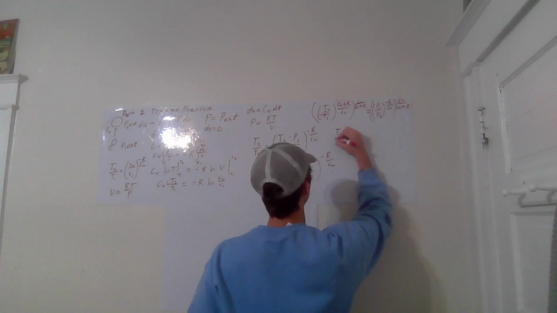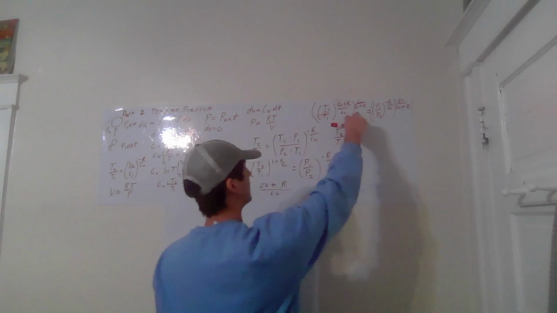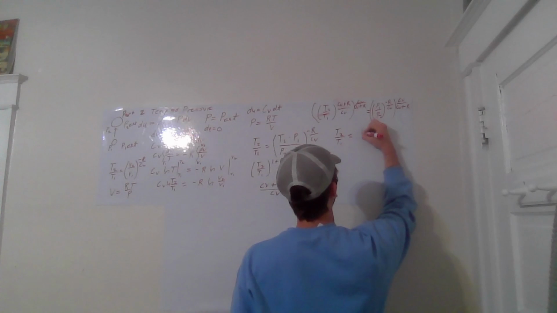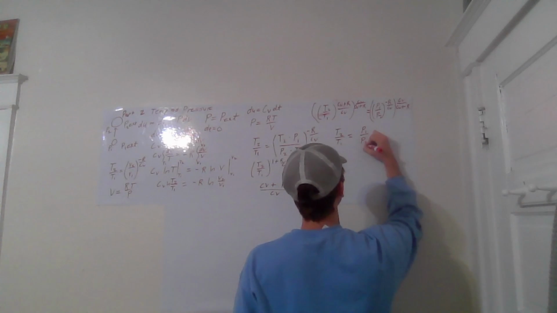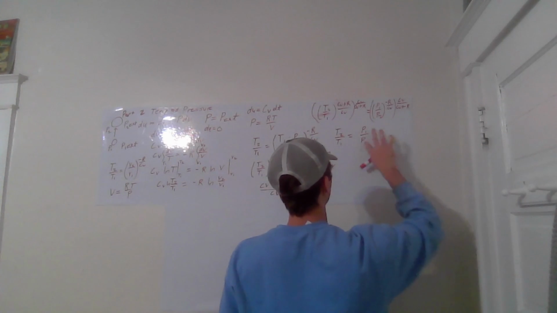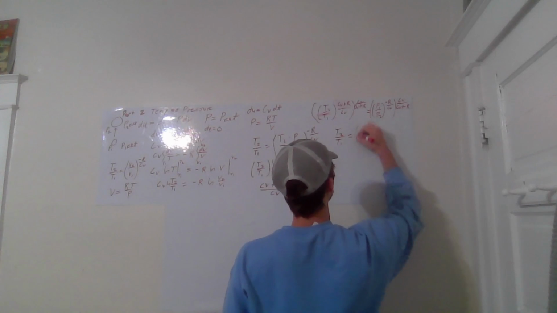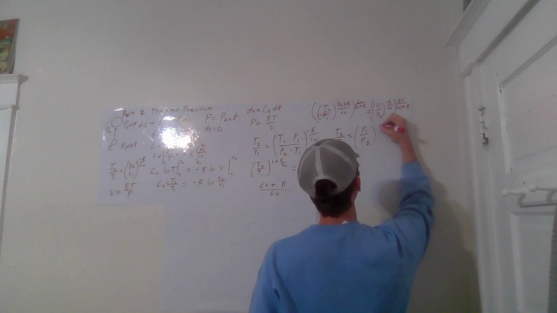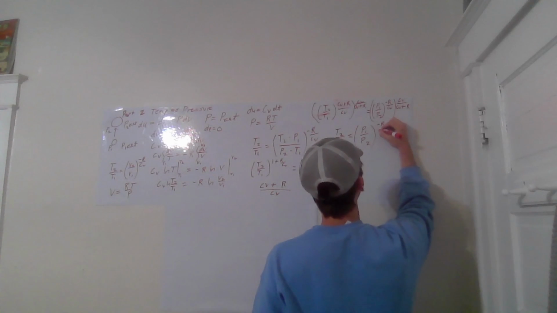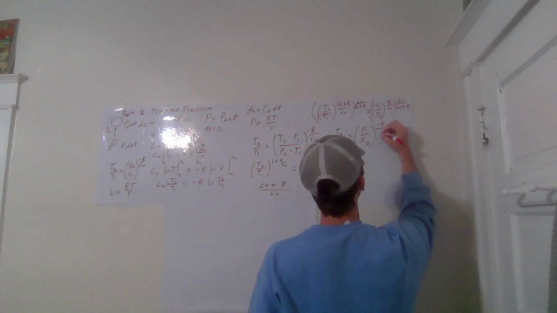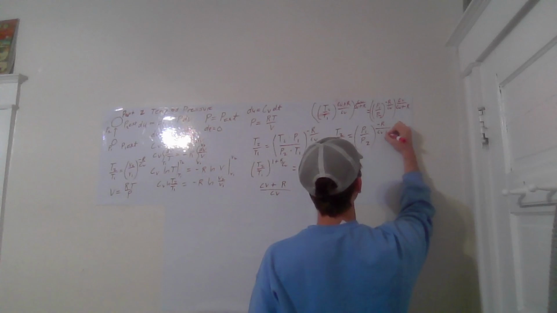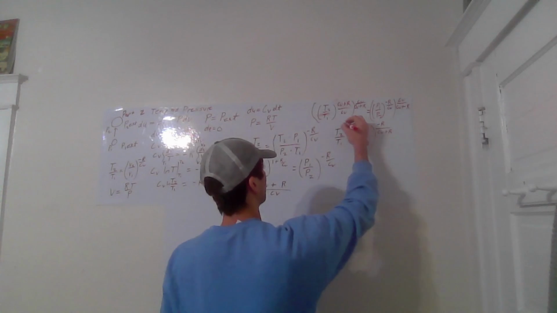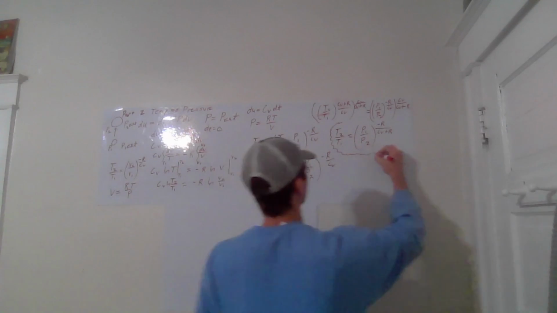And that will leave us with just our T2 over T1, because the reciprocals cancel, equals our P1 over P2 to the negative R over CV plus R. And this is the second equation that we're going to use.